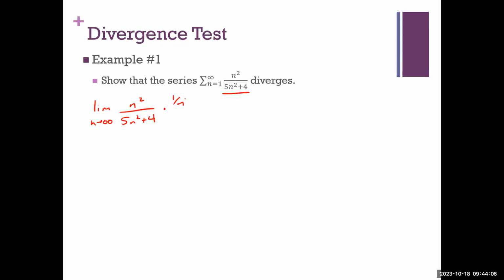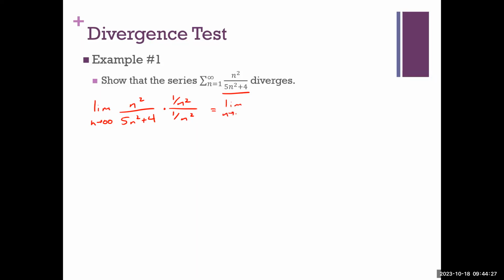Can I do this? Basically multiply numerator and denominator by 1 over n squared. Is that legal to do? I know I'm never going to divide by 0 doing that, right? n can't be 0. So what happens if I make that adjustment?